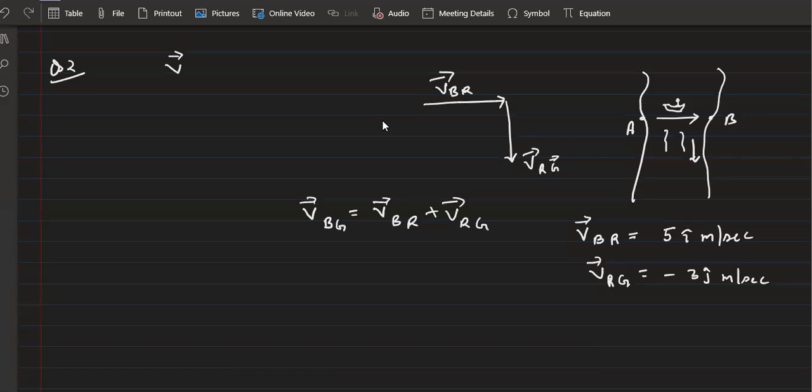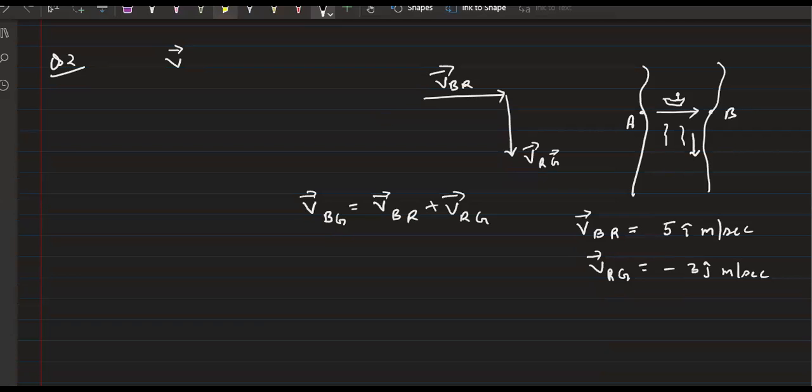Now what is VBG? VBG is your resultant vector, from the tail of the initial vector to the head of the final vector. So what will be the actual motion of the boat with respect to someone sitting on the ground?